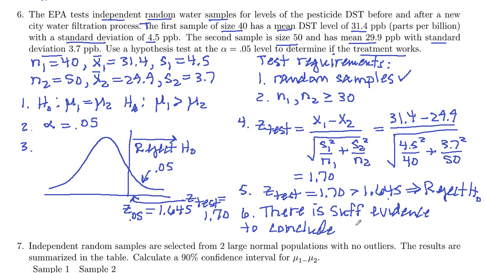So mean 1 greater than mean 2. So that would mean that the treatment works. So parenthetically, mean 1 greater than mean 2. But in practical terms, that's what it means for the treatment to work.